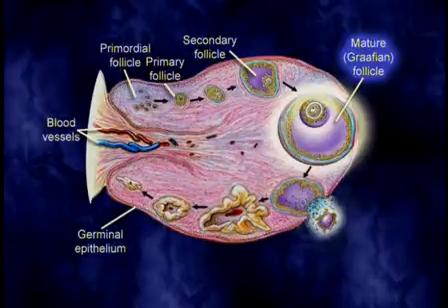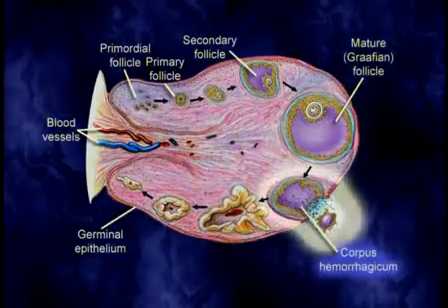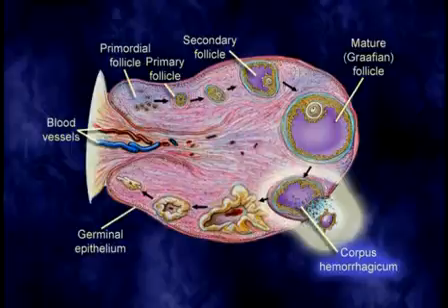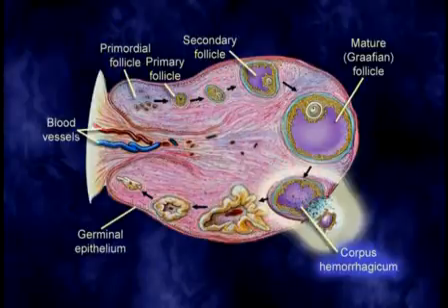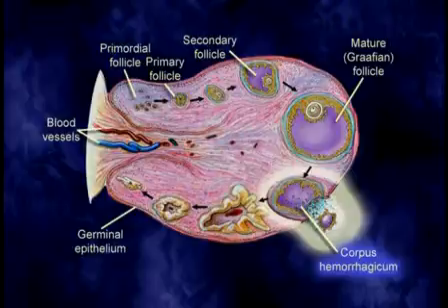Finally, at about mid-cycle, the Graafian follicle ruptures, expelling the egg into the peritoneal cavity. And at that point, the egg will make its way by being sucked up in the fimbriated edges of the fallopian tube. Now, the Graafian follicle continues to function.